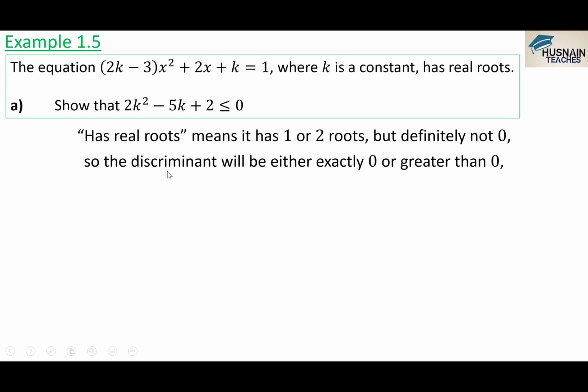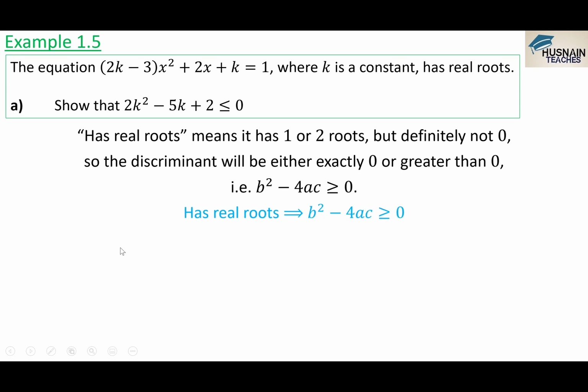But the discriminant definitely can't be less than 0, because that would imply that the equation has 0 roots. So in other words, our discriminant, b squared minus 4ac, is going to be greater than or equal to 0, because it could have had either one or two roots. So in summary, has real roots implies that the discriminant is greater than or equal to 0.